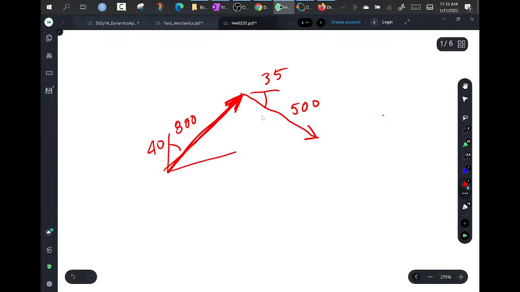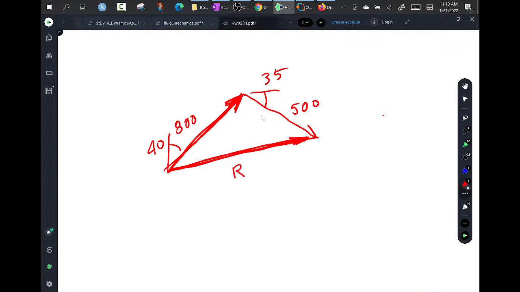Maybe I should have done it in the other thing, but I didn't. So here's my resultant. I'm trying to do reasonable. This is my resultant. Okay, so in this section, you can do it any way you want, but they kind of want you to use these cosine sine things. Law of cosines, law of sines.